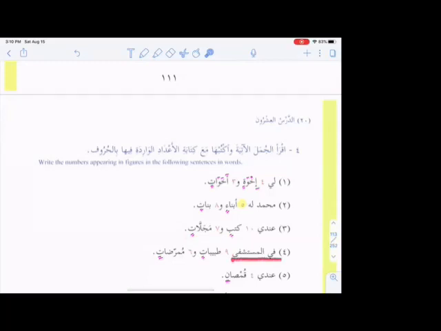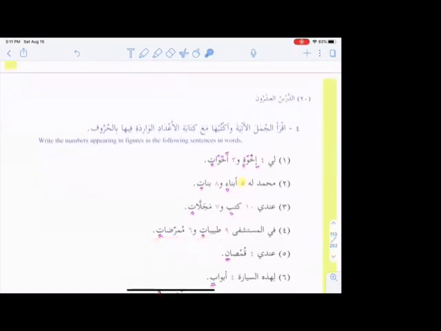Fil mustashfa, in the hospital, okay, there are 9 tabibatin. So you will say tis'u tabibatin wa sittu mumaridatin. Both the madud is feminine. Hindi, kamis is a mudhakkar. So you will say arba'atu kumsanin.